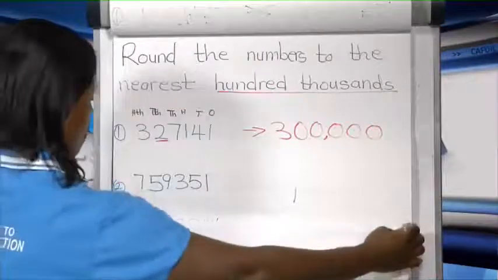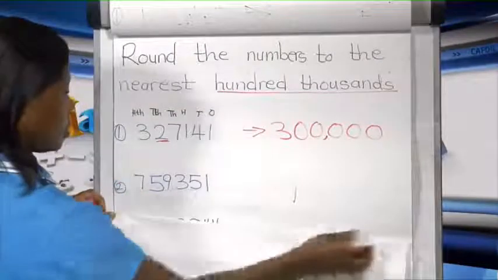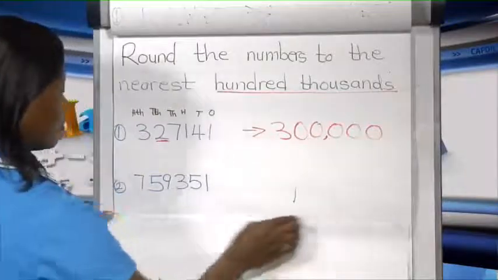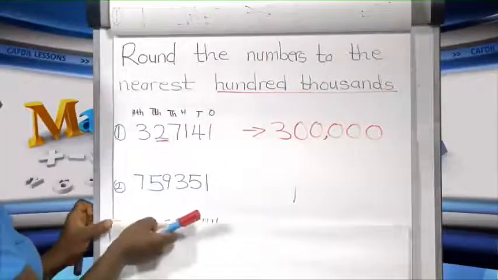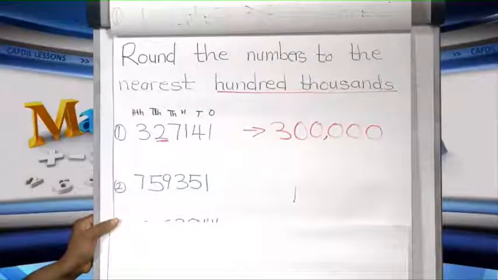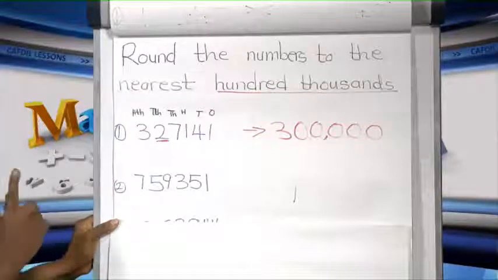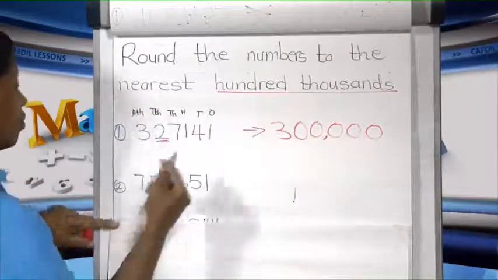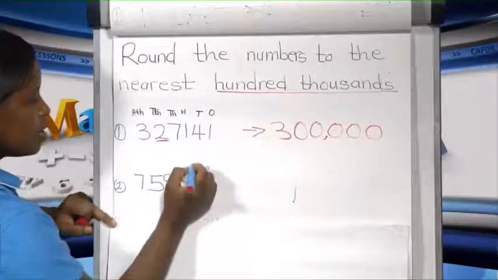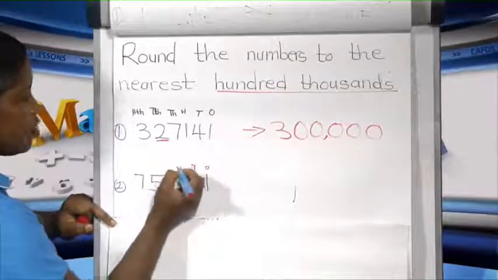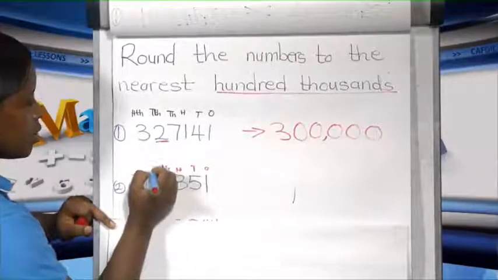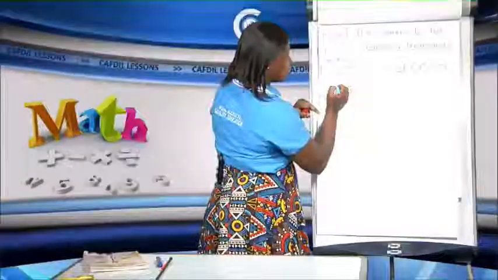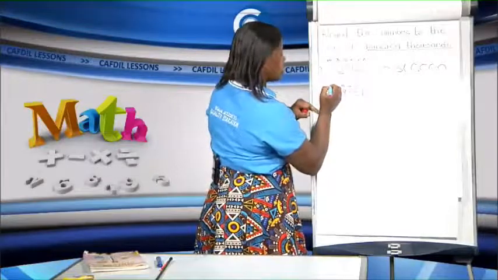Let's work more examples. We are rounding up this number to the nearest 100,000. What do we do? We go right to the next number. First of all, look at where the 100,000 place is. So let's label it: ones, tens, hundreds, thousands, 10,000s, and then 100,000s.